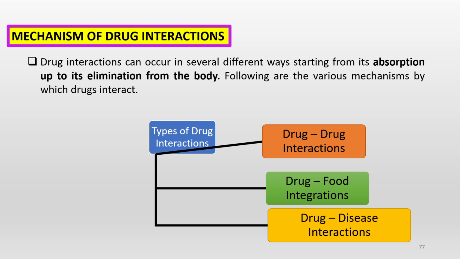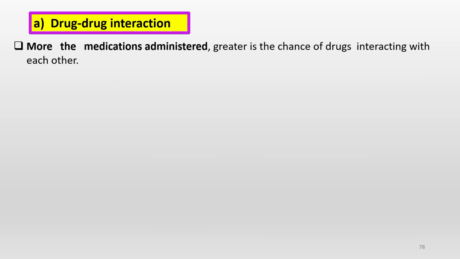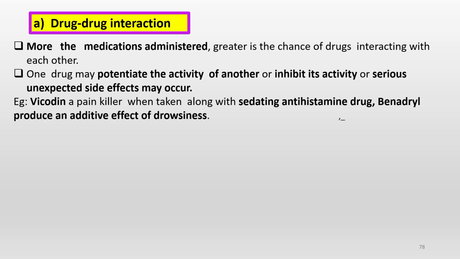A basic classification can be done like that. In drug-drug interaction, the more medications administered, the greater is the chance of drug interaction with each other. One drug may potentiate the activity of the other, or inhibit its activity, or a serious unexpected side effect may occur.